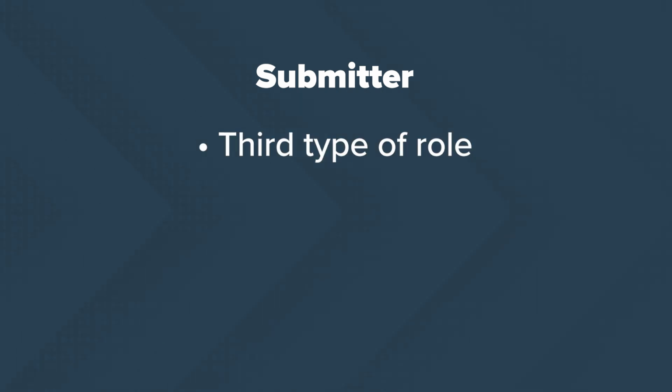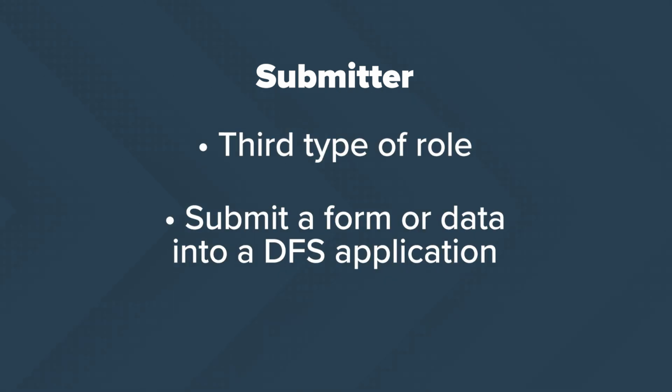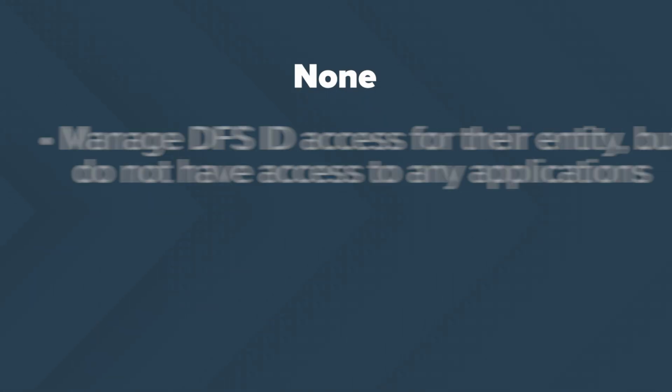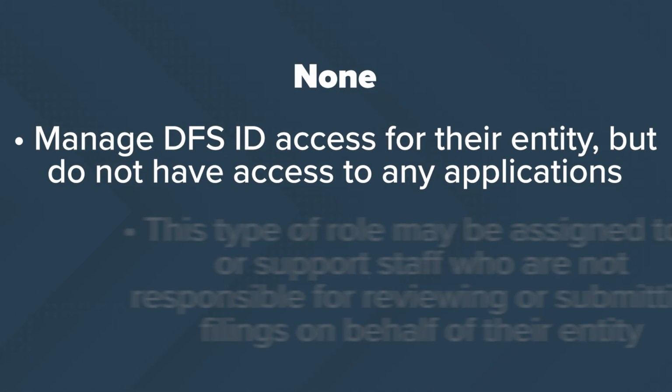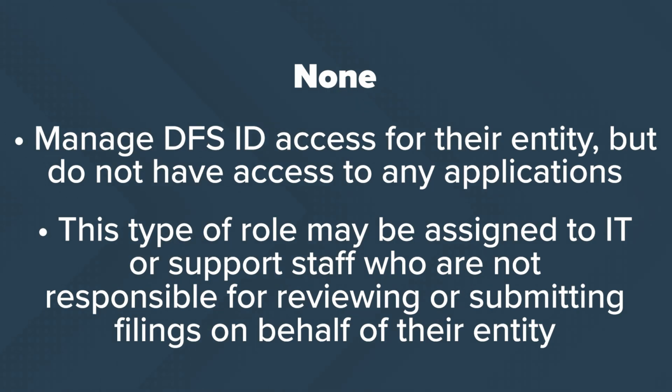A submitter, the third type of role, allows a user to submit a form or data into a DFS application. The lowest level of access, deemed None, is for users who manage DFS ID access for their entity, but do not have access to any applications. This type of role may be assigned to IT or support staff who are not responsible for reviewing or submitting filings on behalf of their entity.